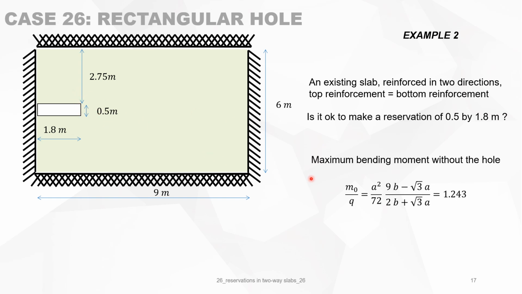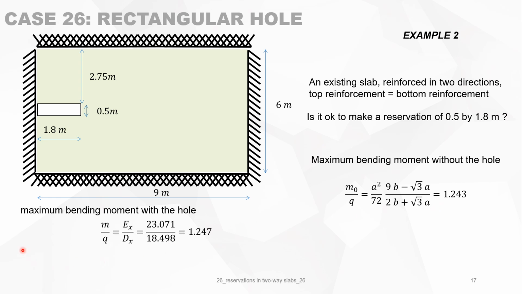Can we do that? First, we can calculate the maximum bending moment when there is no reservation in it. And we divide it by the load, because we do not know the load, and we have on the right-hand side of the equation only an element that is depending on geometric characteristics. You can calculate it and it says 1.243. The maximum bending moment with the hole, we use the formulas of the previous slides, is 1.247.